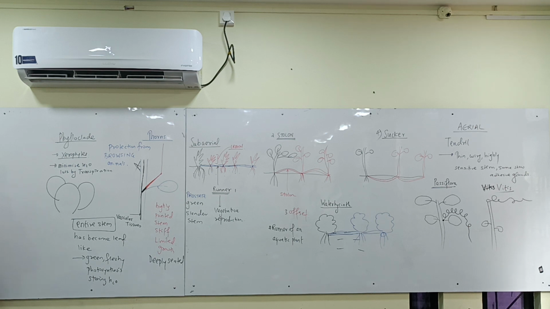As a result, the stem or the leaf in other plants becomes soft and fleshy because of storage of water. Did you get it, everybody? In this case, the entire stem has become leaf-like, green and fleshy to perform photosynthesis and store food.